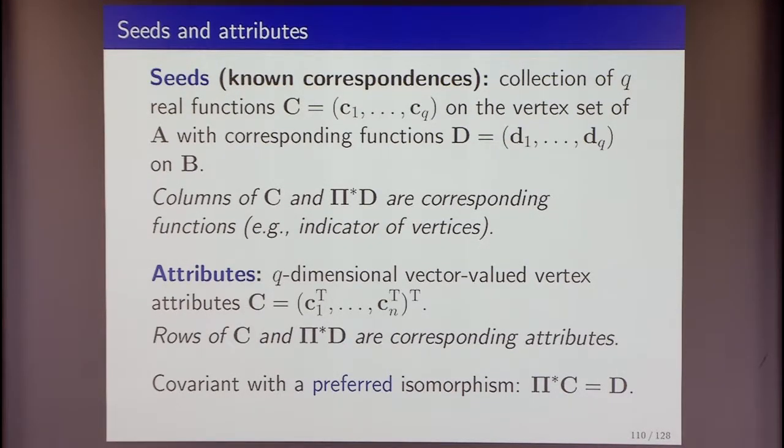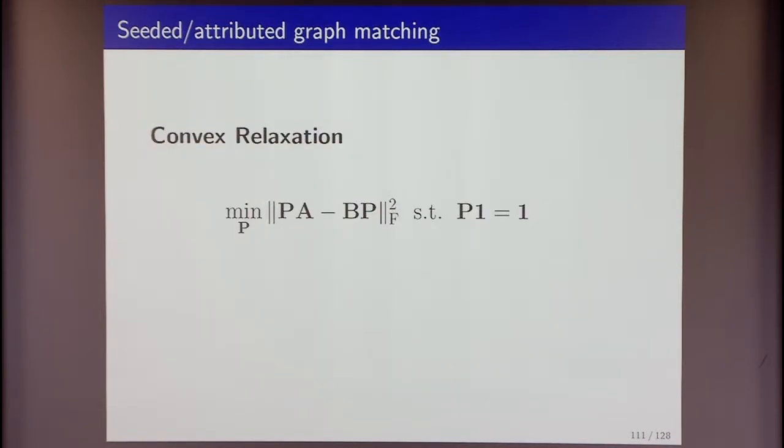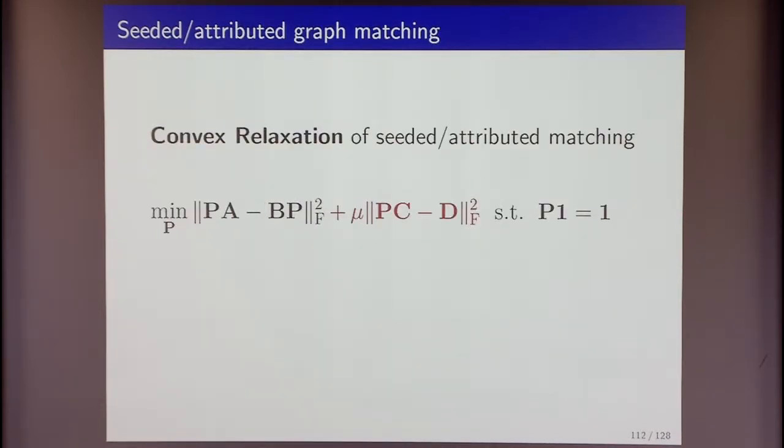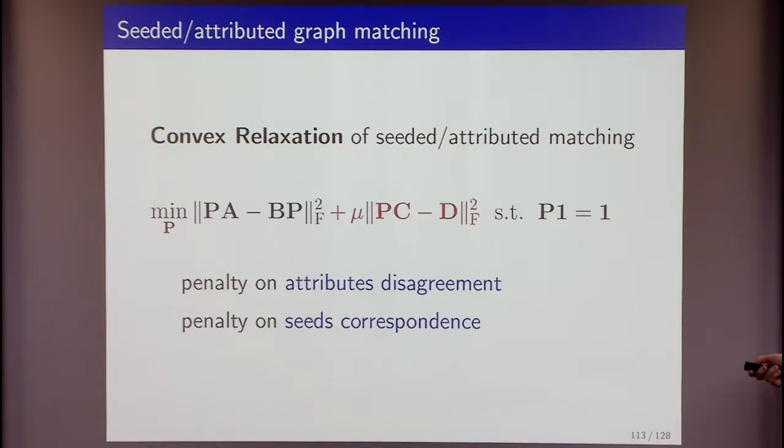Okay, so now if I get back to the convex relaxation, I can add a term here that penalizes for the disagreement of these seeds or attributes. So you can think of it as penalty on attribute disagreement, or as a soft constraint version of seeded graph matching. So instead of putting PC equals D as a hard constraint, I can put it as a soft constraint.